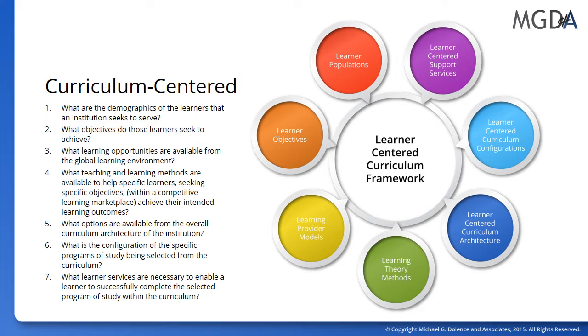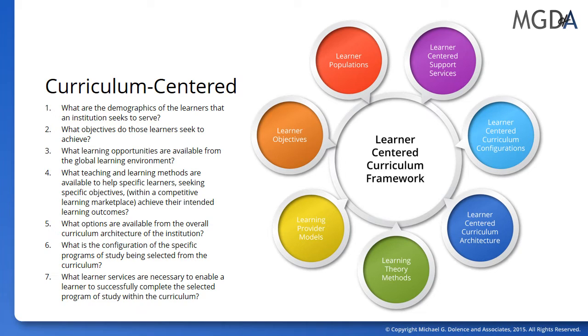The sixth question gets more specific and asks, what is the configuration of specific programs of study being selected from the curriculum? The answer to the question of how curriculum is configured guides the design, development, and delivery of the various programs of study in the curriculum to the learners under our charge.